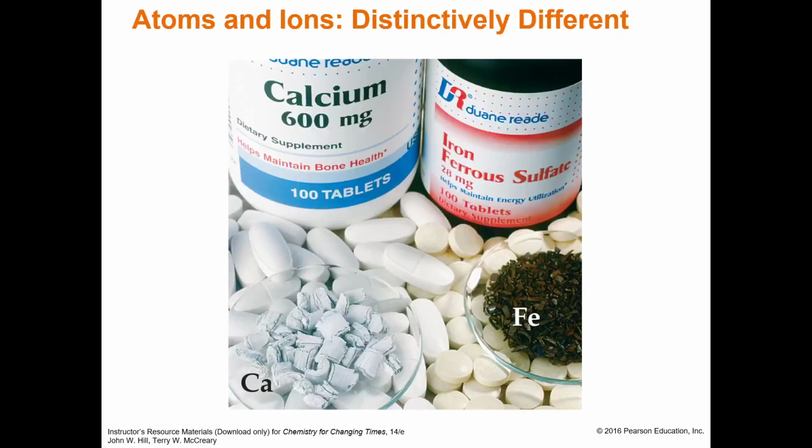Okay, so these right here are some different types of metals and ions. You can see that many of them are very distinctly different. For example, here we have calcium, metal, and here we have iron, metal. You can see there's a very distinct difference between these. These right here are a calcium ionic compound, and you would typically eat a similar compound if you wanted to get calcium in your diet.